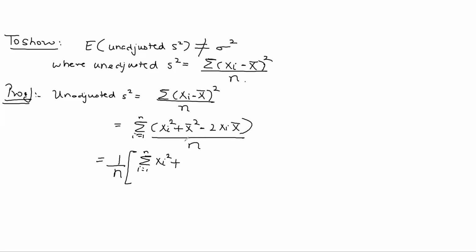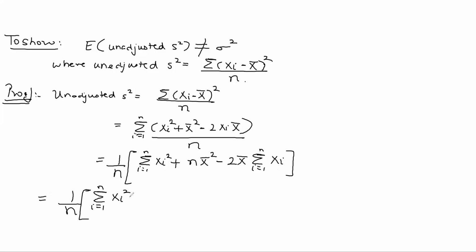X bar square, if we add it n times, we get n x bar square minus 2 x bar into summation as i goes from 1 to n xi. Okay, so this becomes summation xi square plus n x bar square minus 2 x bar into, we just saw a few minutes back that summation xi is nothing but n x bar.